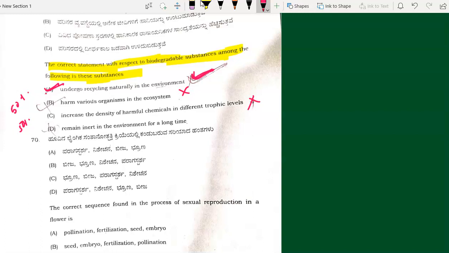Undergo recycling naturally in the environment. Actually, the recycling process of biodegradable elements is highly costly, but we can do recycling. So the option that they remain inert in the environment for a long period is the right answer.